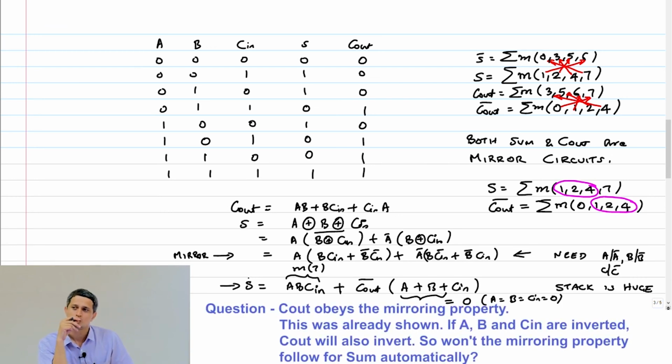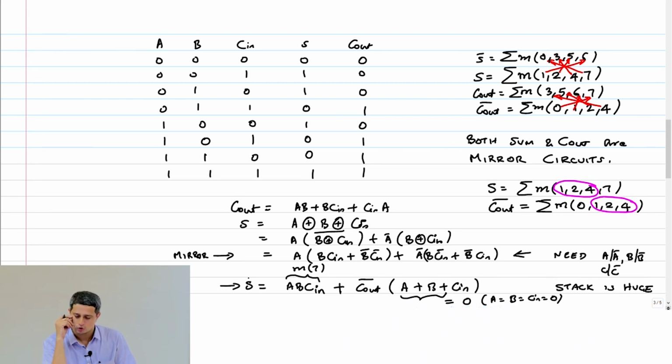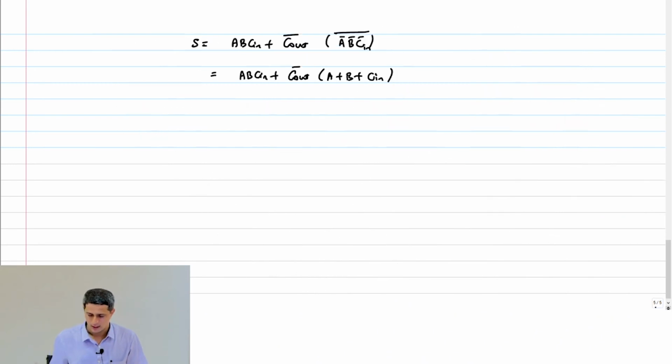Cout bar is already a mirror. Yeah. So if I invert ABC, Cout bar also will get inverted. It is same as saying that if I invert ABC, Cout also will get inverted. Correct. So the mirroring will hold. Again, you have to show that. For example, you take this expression here, right? S equal to ABC in plus Cout bar into A plus B plus C. So now I say that, okay, this is S bar, this whole bar.